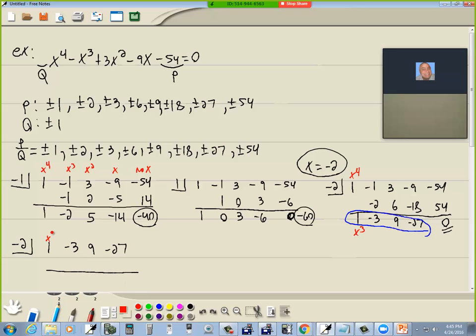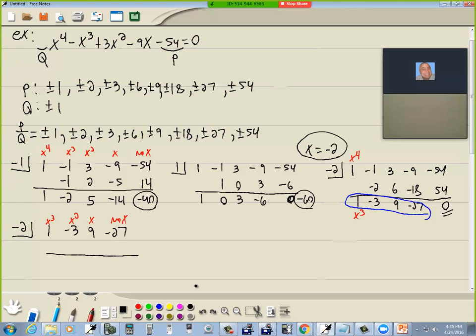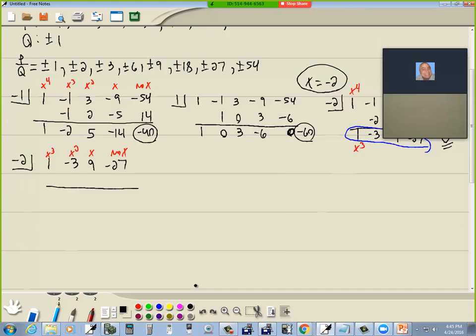And again, this is x to the third, this is x squared, this is x, and this is the no x.